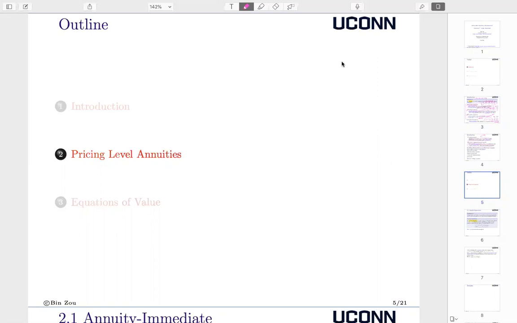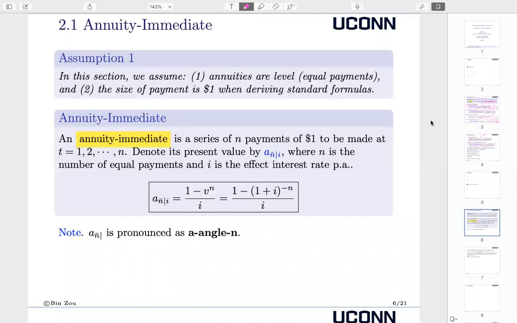By price or by pricing, I mean we want to know the equivalent value of a sequence of payments. We begin with annuity-immediate. So again, what is annuity-immediate? It's a sequence of payments that are made at the end of each period.